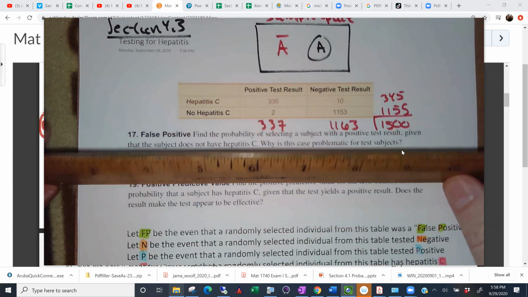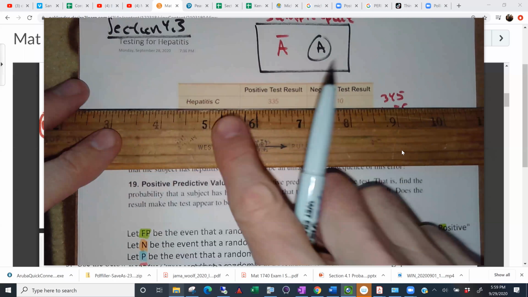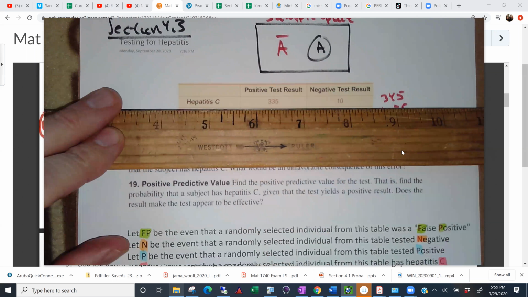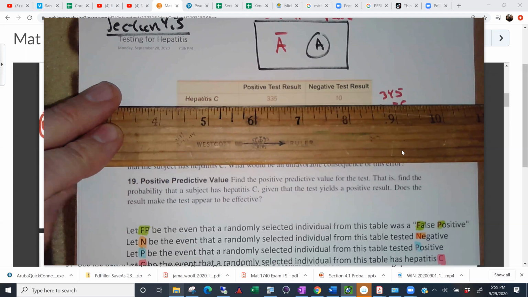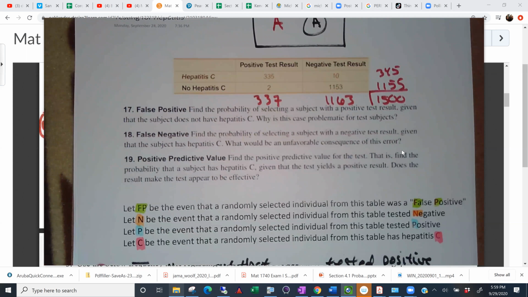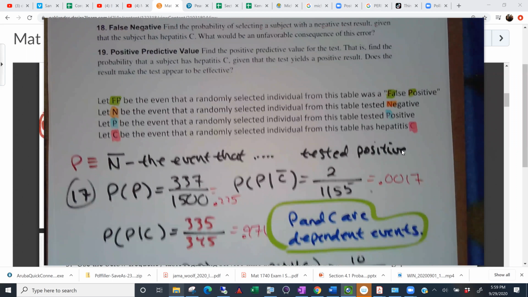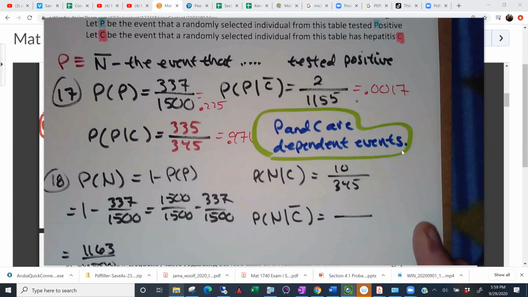Hepatitis C. Yeah, so this row, the people that just have hepatitis C. So there's 345 of them. How many have a negative result? 10. 10. So 10 out of 345. Cool. Thank you.